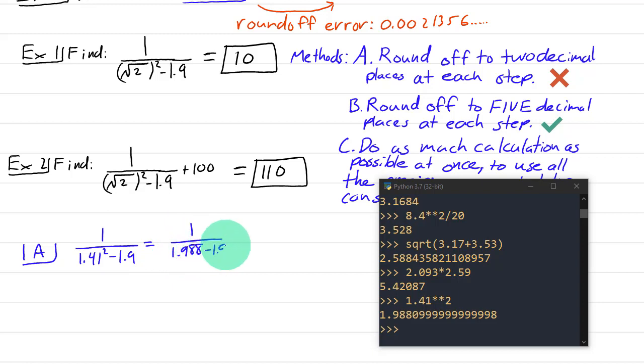And then do that minus 1.9, and that's going to give you 1 over 0.088.